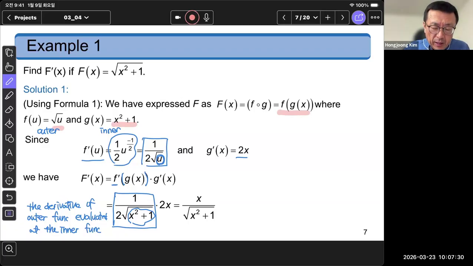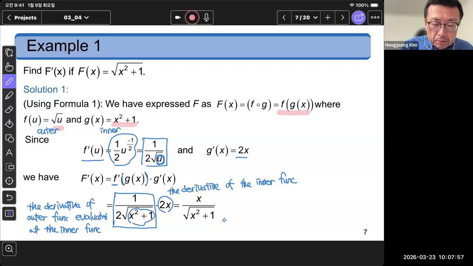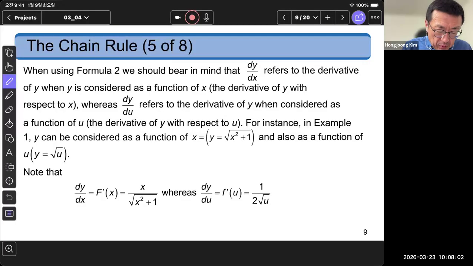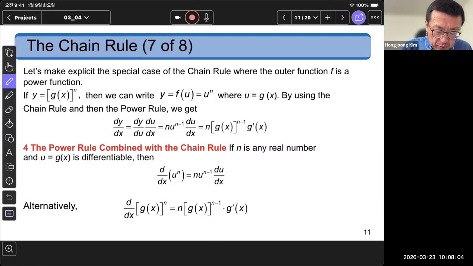You multiply that result by the derivative of the inner function. So you get this result. Okay, and you can read this.